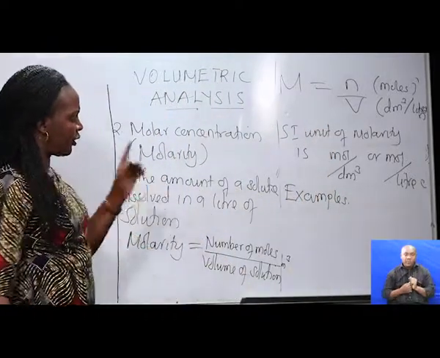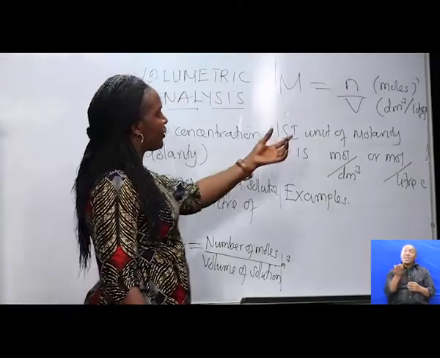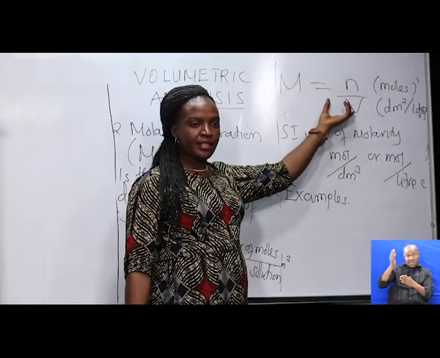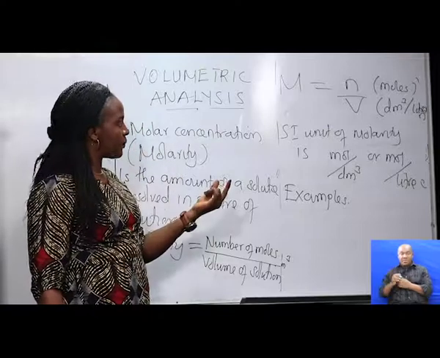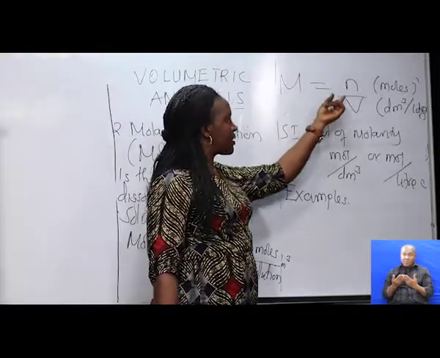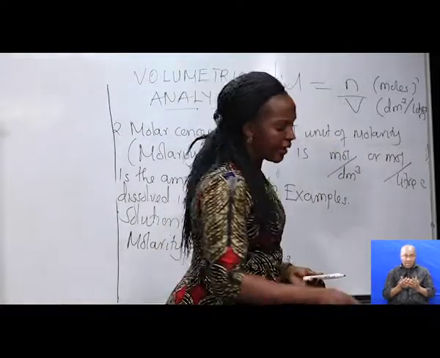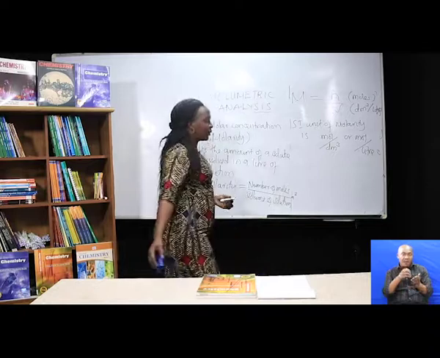But before we go for examples, there's another formula we can develop from the formula molarity is equal to number of moles over volume. Let us see how we can develop another formula, and then we'll see more examples on how to calculate molarity.